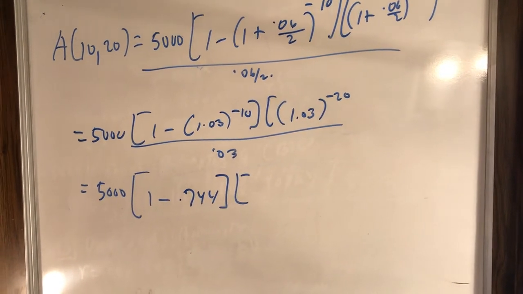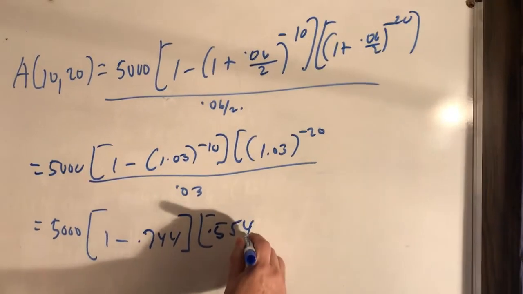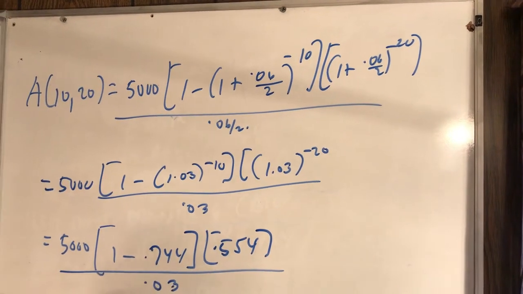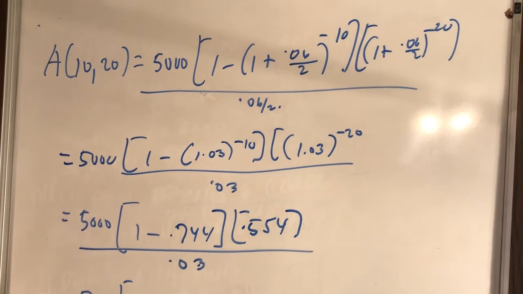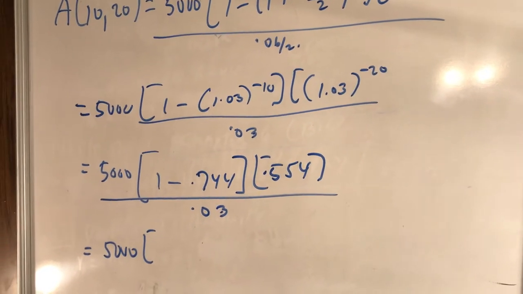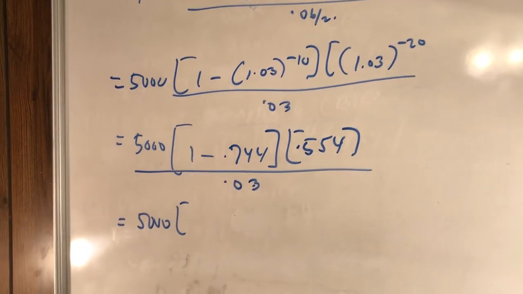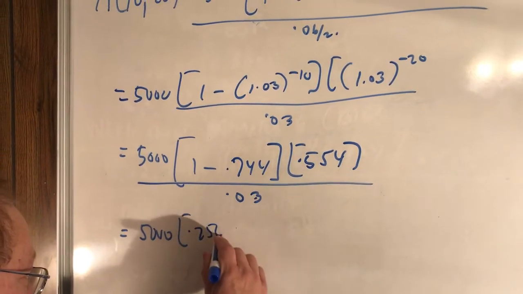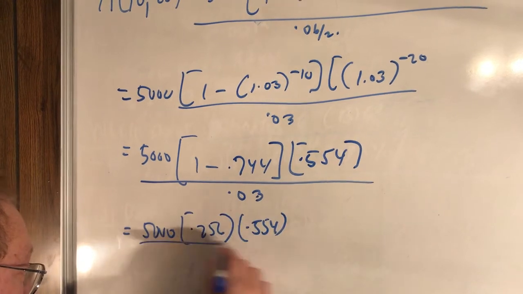Okay, 0.554 divided by 0.03. Okay, so 1 minus 0.744 equals 0.256. 0.554 over 0.03.